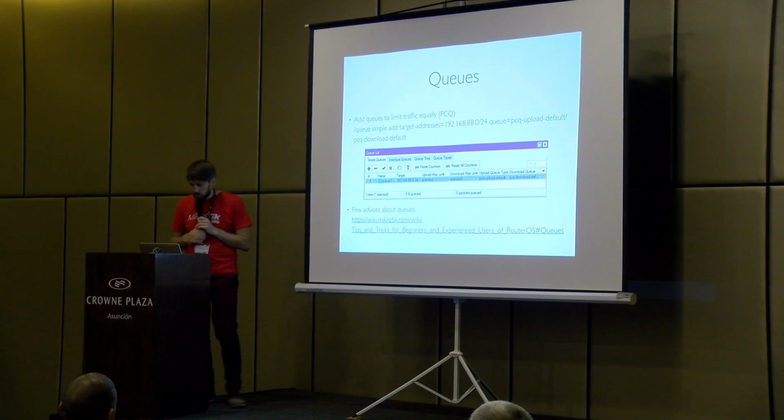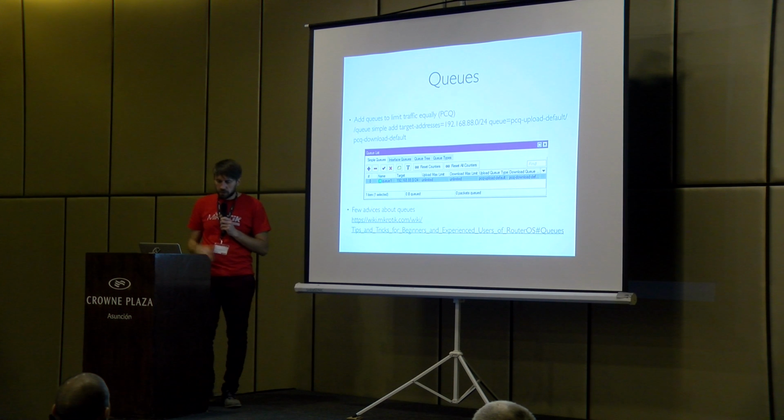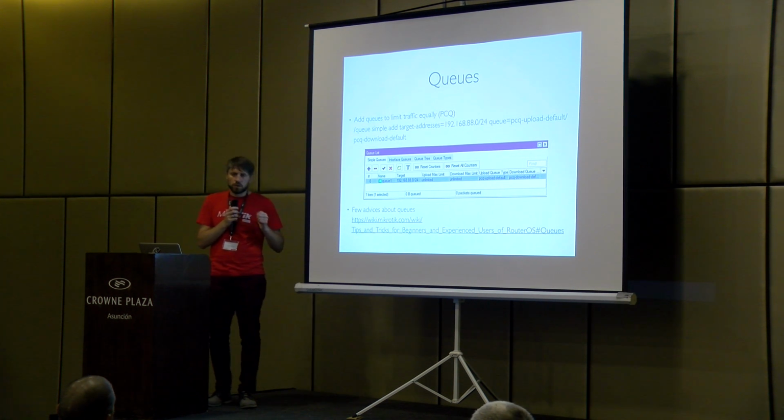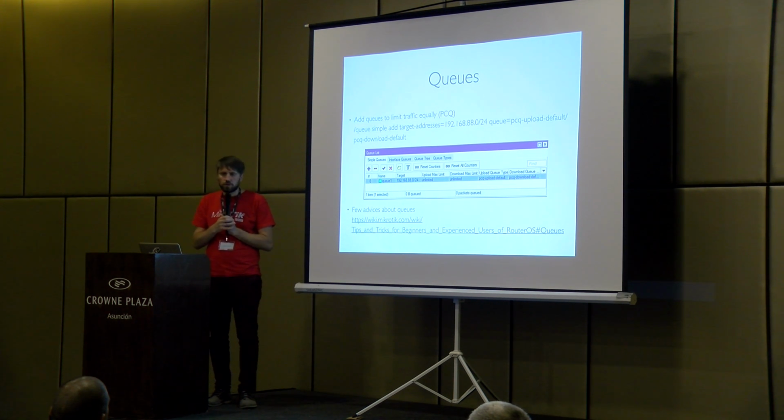You will find different configuration examples there. As well, if you are interested in queues, you can go to the queues documentation. But usually people don't like the queues documentation, so you can go to MikroTik training. We have MikroTik trainers, and they will be able to teach you how to configure queues much more efficiently.